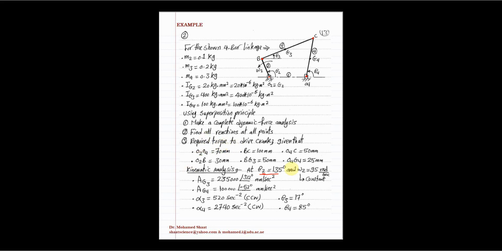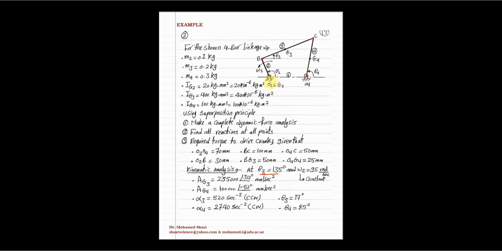And there are some other things already related to the geometry of this mechanism, like the distance O2O4, already given as 70 millimeter, the BC, the OC, all the geometry of the mechanism, even the locations of the center points G2, G3, G4.